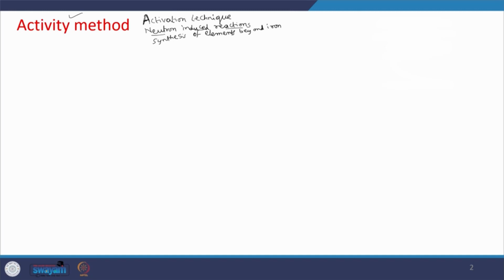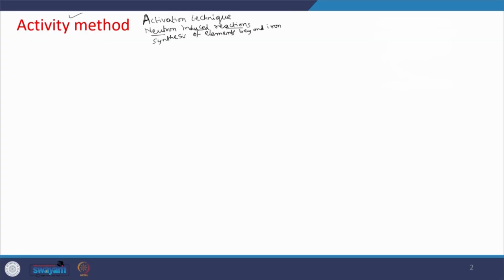Mainly for synthesis of elements beyond iron. So, you can understand the importance of neutron induced reactions, and in order to measure the cross sections of those neutron induced reactions, this activation technique is quite useful.